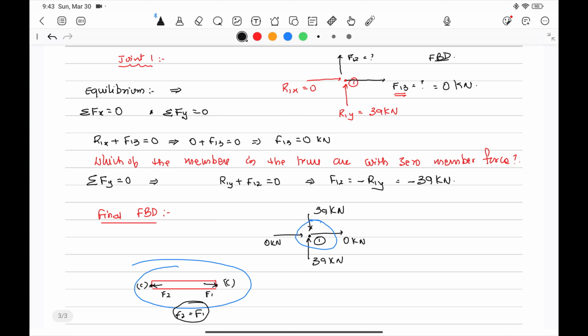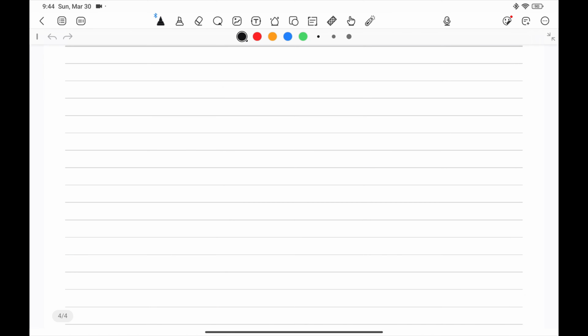One joint and another joint within the member, without the external force influence, they cannot have two forces, one compression and one tension. Within the same member, for equilibrium, if F1 is towards the joint, the same will be towards the joint on the other end, and F2 and F1 both will be of the same nature and same quantity. That is within the member. Now, why I told you, in the next joint you will understand. This is very important. Next joint is joint 2.